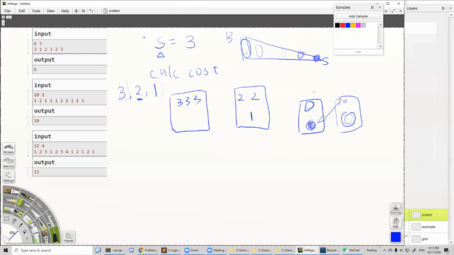So if this guy cannot fit in this bus, that means... actually, let me try this again. One second.